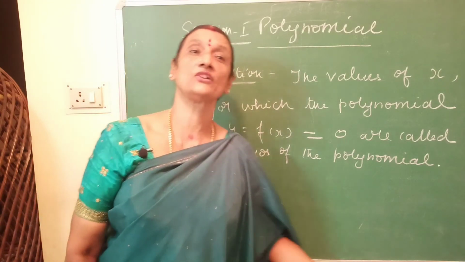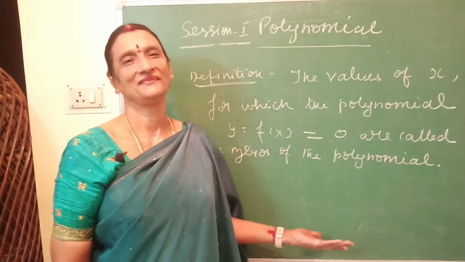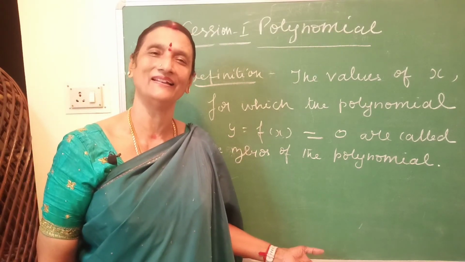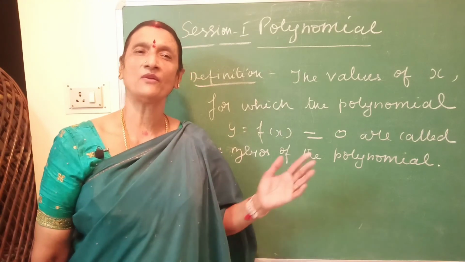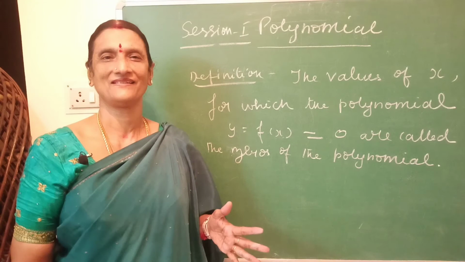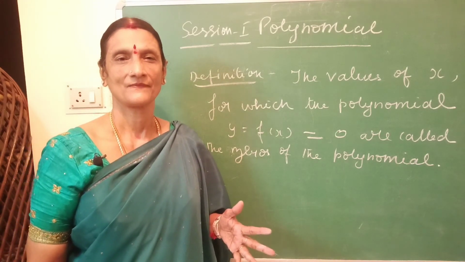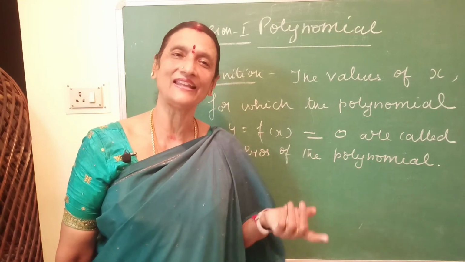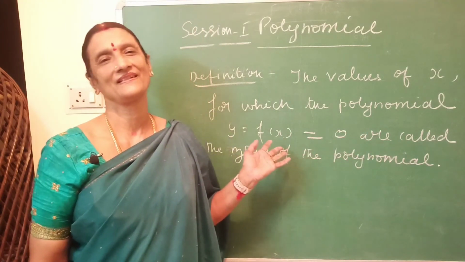Yes. y is equal to x cube. Are you understanding? It's only one term, but still it's a cubic polynomial. Is it clear? Now, I want you to give an example of a cubic polynomial with 3 terms. Yes. y is equal to 2x square minus 3x plus 5.